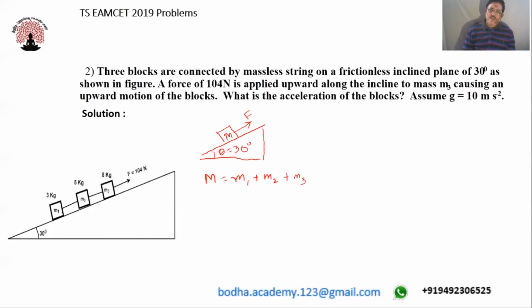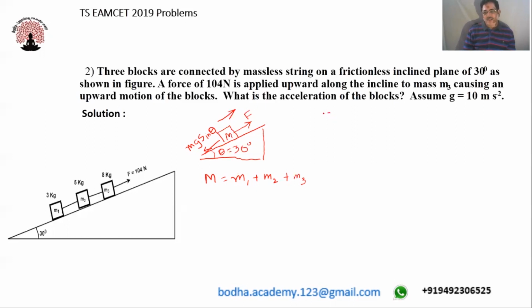Now, for a body on an inclined plane, the force acting downward along the inclined plane is nothing but mg sin theta. And the body is pulled up the inclined plane, so the motion is upwards.